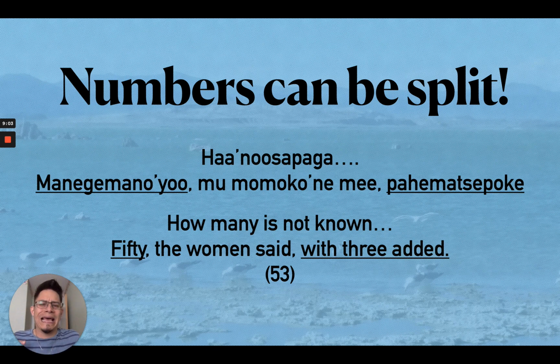In other words, she's saying, I'm not really sure how many there were. The woman said there were about 53. But notice, manigimanoyu, the word for 50, and then bahimatsipugi, with 3 added, is separated. What comes in between them is momoko ni mi, the woman said. So, that's fine. You can split them like that.